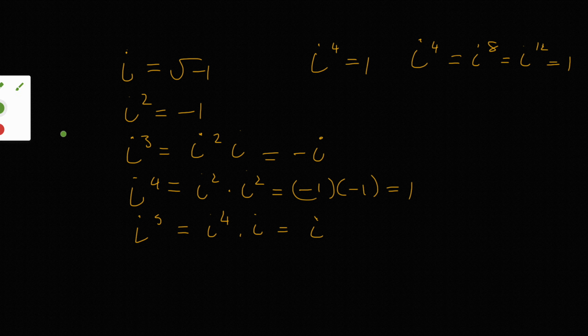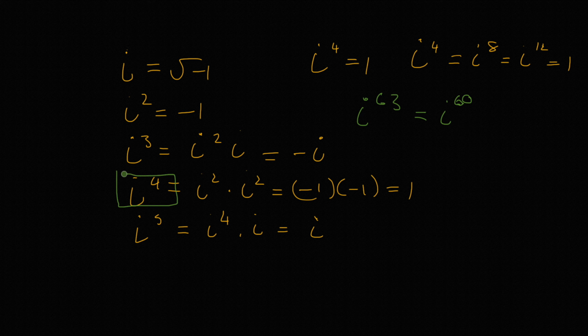If we need to solve a problem that says i to the power of 63, we know the multiple of 4, which in this case would be 60, will always be equal to 1.